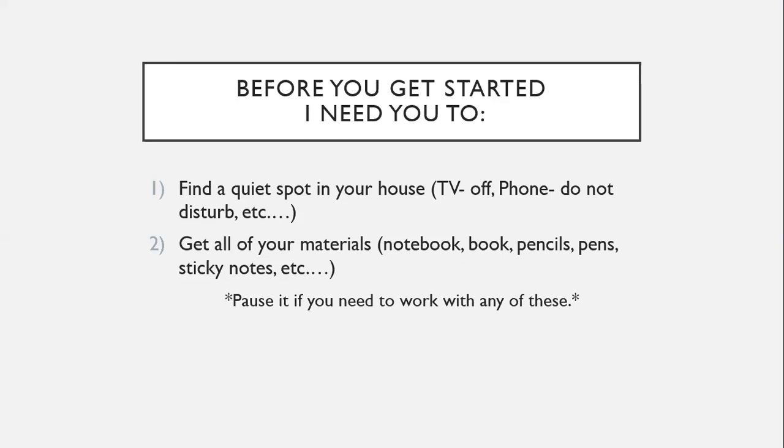And number two, I need for you to get all of your materials, and this means your notebook, your book, if you have it, pencils, pens, sticky notes, loose leaf paper, anything that you think you may need to use for today's English class, okay? So pause it if you need to work with any of these, and then press play when you're ready to go.